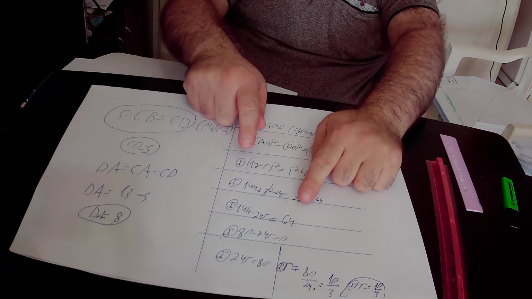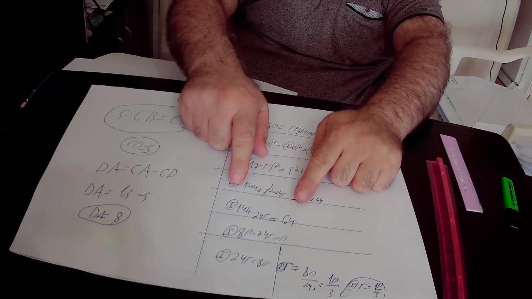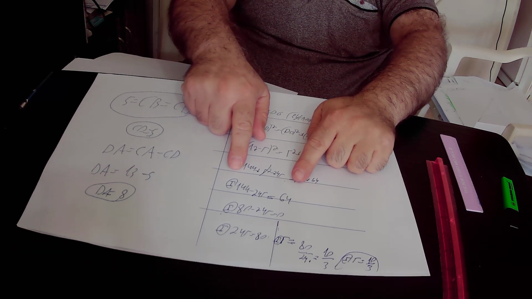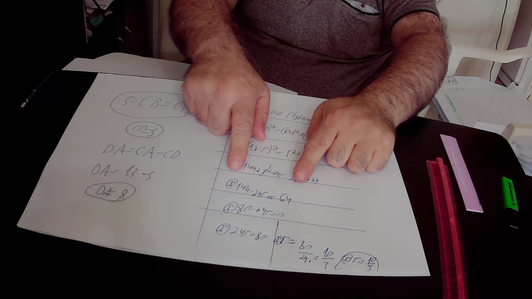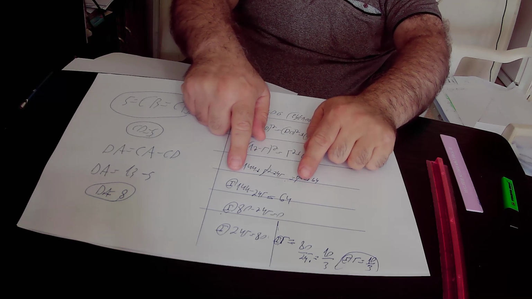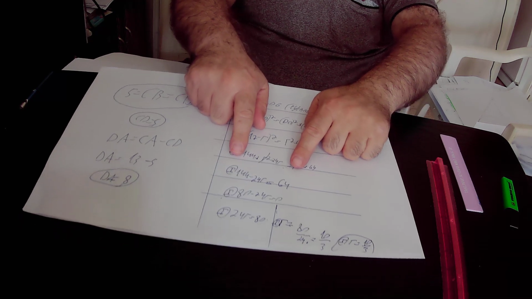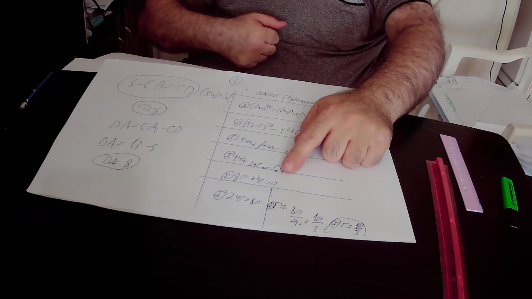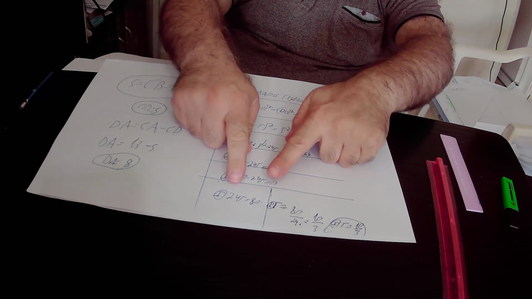Here we subtracted 64 from equation number 1, and we got that 144 minus 64 is equal to 80. So in conclusion, we got that 80 minus 24R equals 0. We added 24R to this equation, and we got that 24R equals 80.